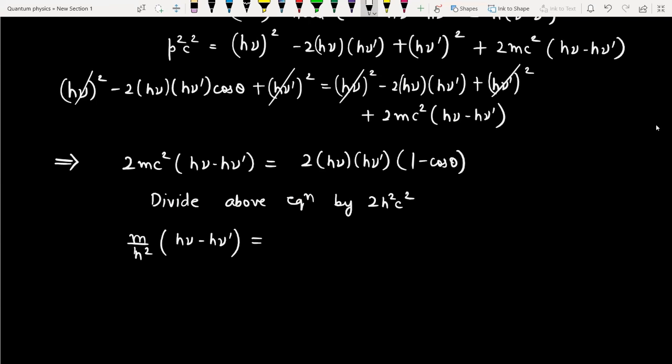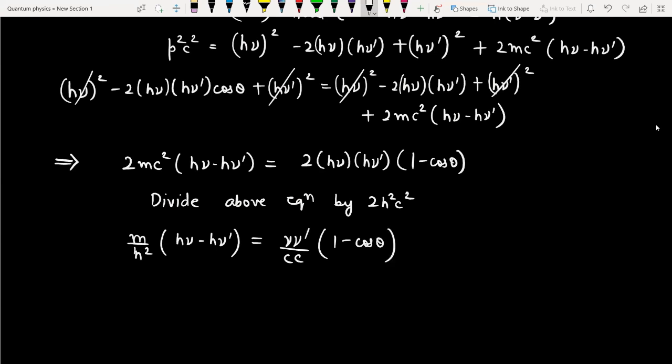This is equal to, 2 and 2 cancel, h square and h cancel, you have mu prime over c times c. This is c square. I am writing this as c times c. The reason you'll get very soon, and this is 1 minus cos of theta.